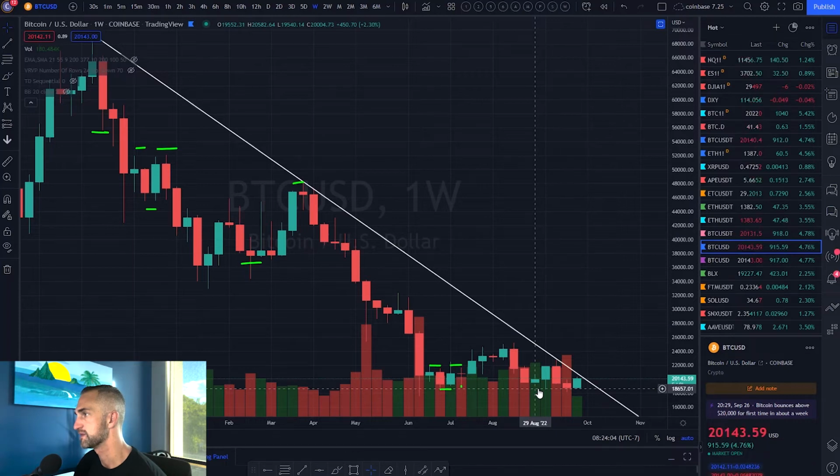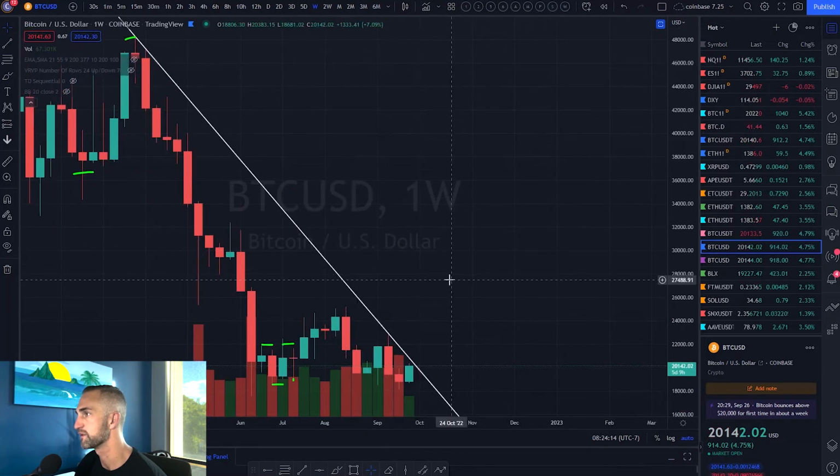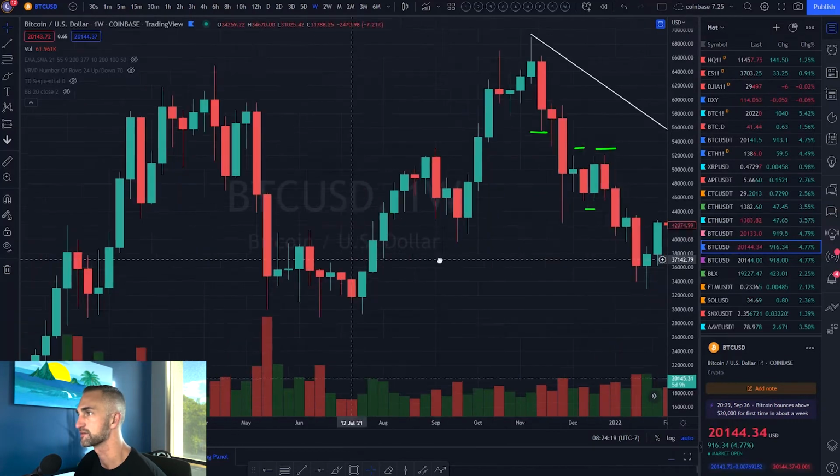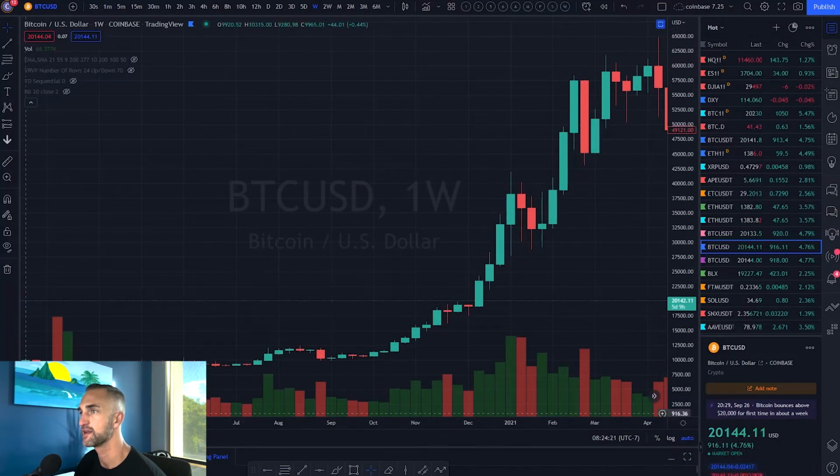Something like this would definitely be a descending triangle, which has a 75% chance of breaking to the downside, and it would be quite full. But we're not looking at triangles. We're looking at trend identification. Okay. So let's get on to our next slide.